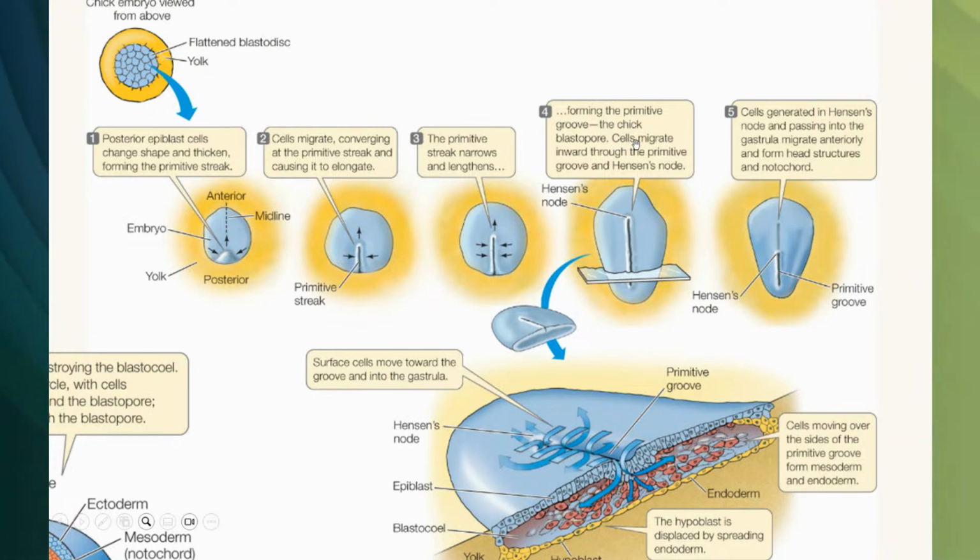The cells migrate inward through the primitive groove and Hensen's node. Hensen's node is the tip part of the streak, and it acts like an organizer. Cells generated in Hensen's node pass into the gastrula, migrate anteriorly, and form head structures.